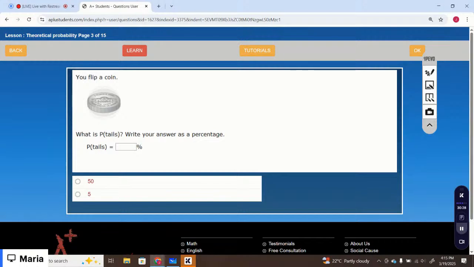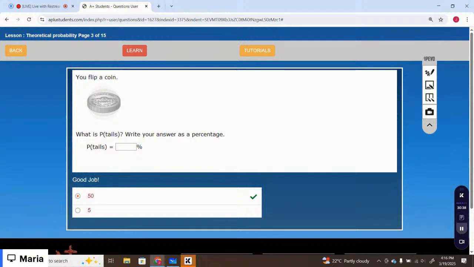That is 50%, right? Because the coin has only two faces, head and tail. So you have a 50% chance for head and 50% for tail.